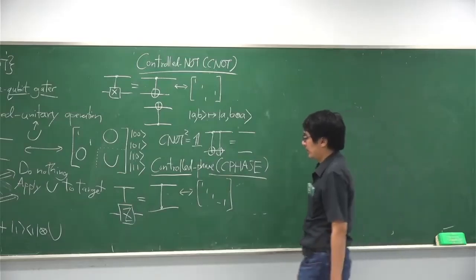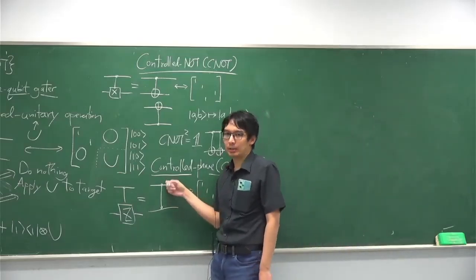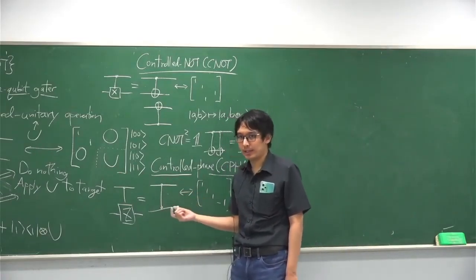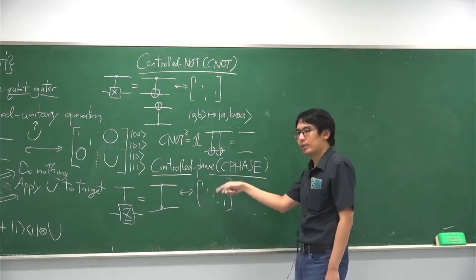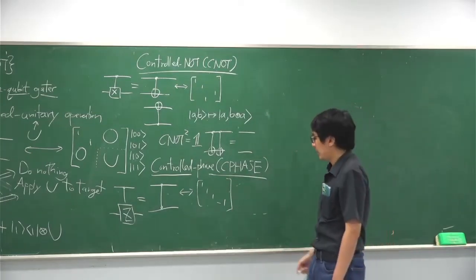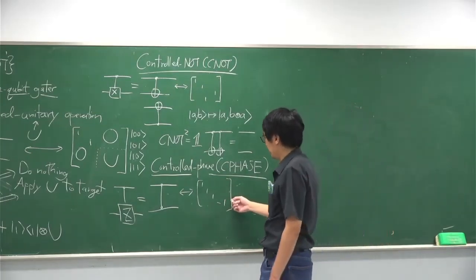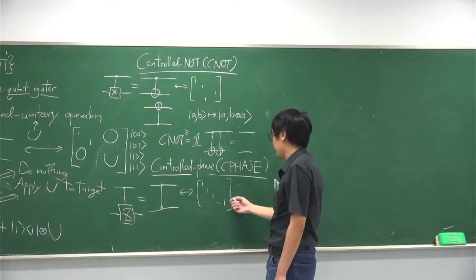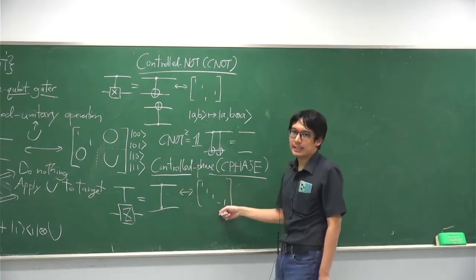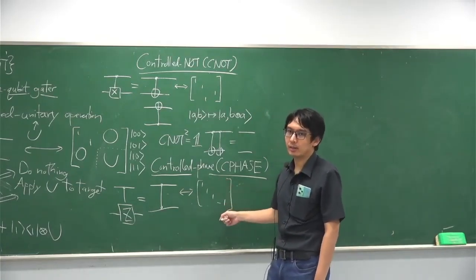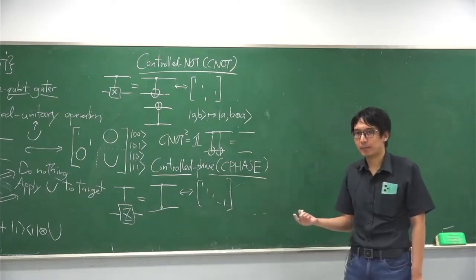Since both the control and the operation that you apply are diagonal in the Z basis, the whole matrix is diagonal here. A consequence of this form is that it is symmetric in the control and target qubit.